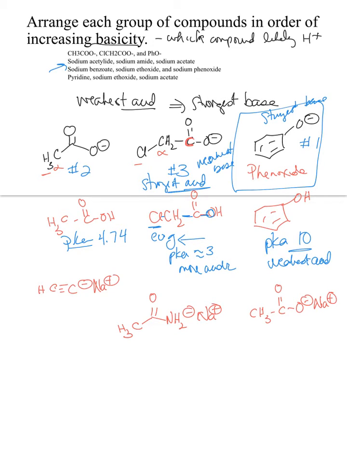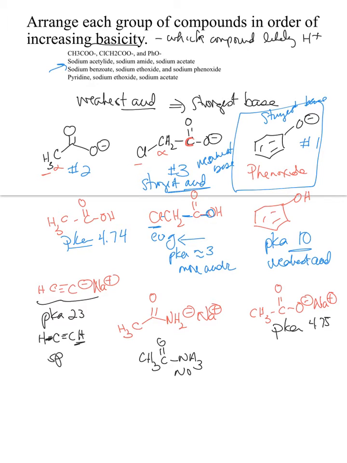Okay, so we've already talked about this pKa being about 4.75. This has a pKa of about 23 once you put on the proton. That's an sp carbon. We've talked about that at the very beginning, the first week. And this is an amide. Okay, this is not acidic at all. Amides are not very acidic.